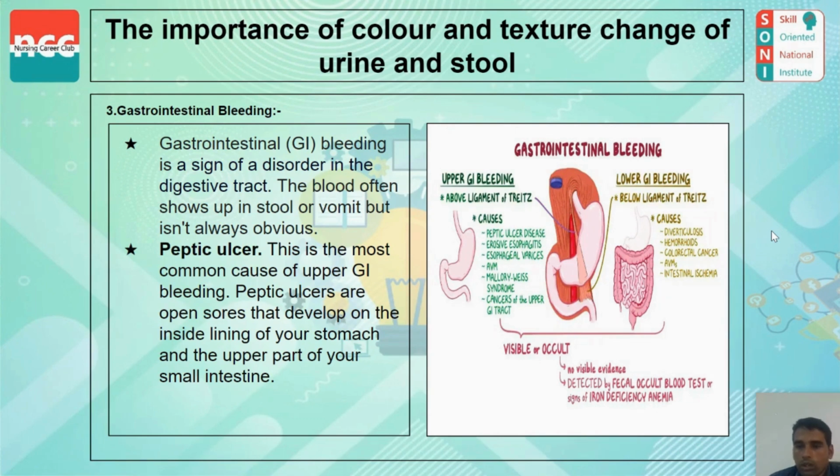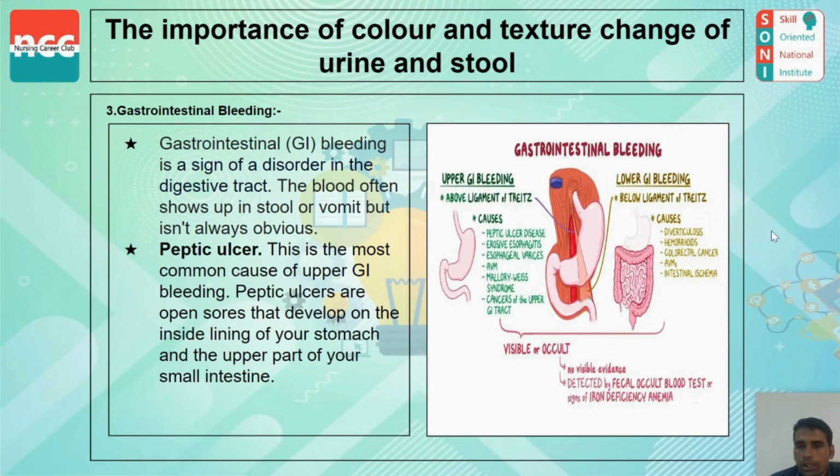Now, how this incident occurs: upper GI bleeding, above the ligament of Treitz, causes peptic ulcer disease, erosive esophagitis, esophageal varices, AVM, Mallory-Weiss syndrome, cancers of the upper GI tract.